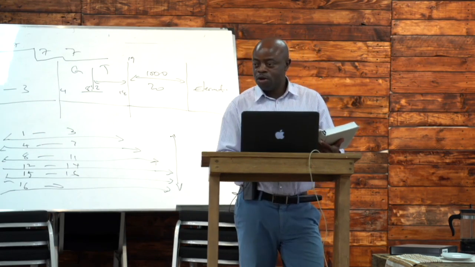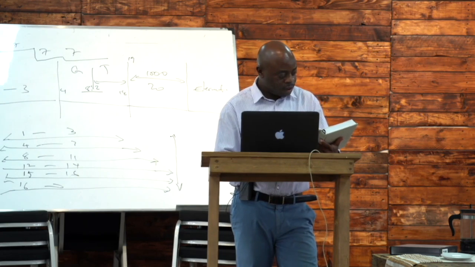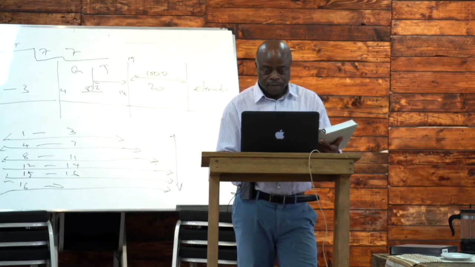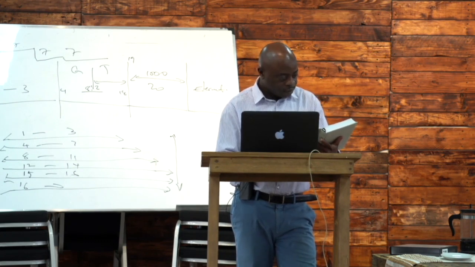As we know 666 is a doubly triangular number. In chapter 17, we read verse 9: "This calls for a mind with wisdom. The 7 heads are 7 mountains on which the woman is seated, and they are also 7 kings, 5 of whom have fallen, one is, and the other is yet to come.